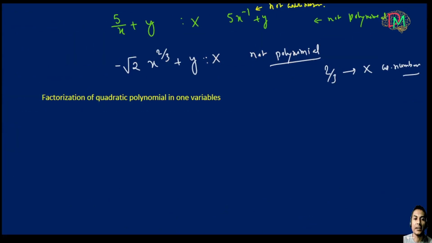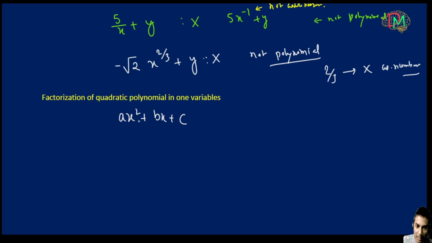Next we learn the factorization of quadratic polynomials in one variable. Let's take the general expression ax square plus bx plus c. This is a quadratic polynomial. Why?